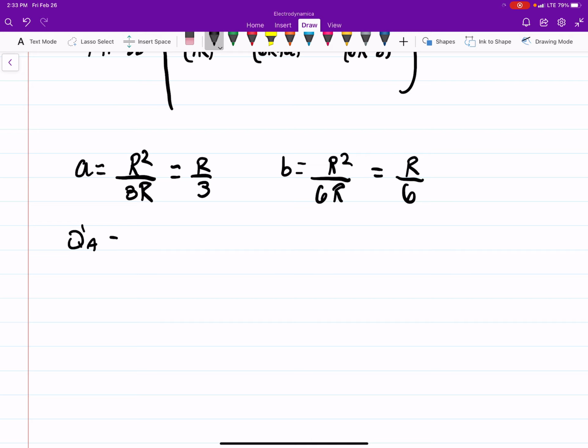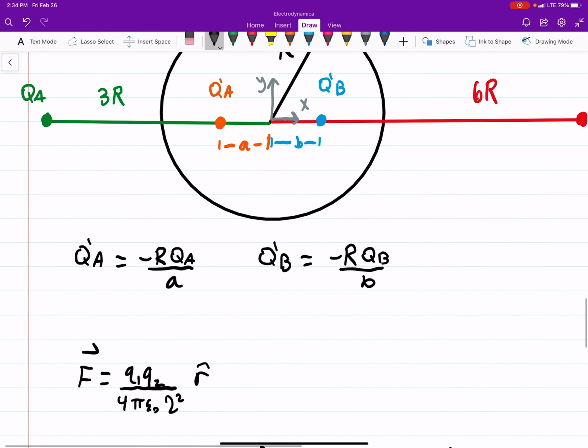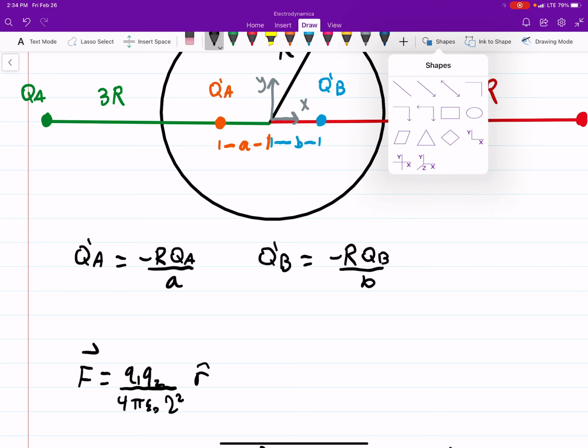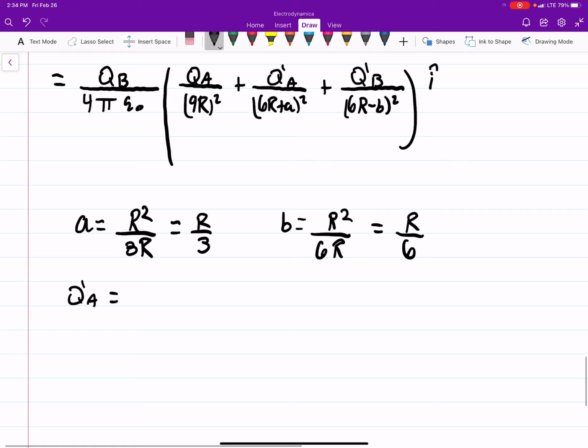Q prime of A, well, now we can use the charge equation we had there earlier, which are these. The only difference is now we know A and we know B. So I'm just going to substitute the A and B that we found right above into it. So you get minus RQA over R over 3.